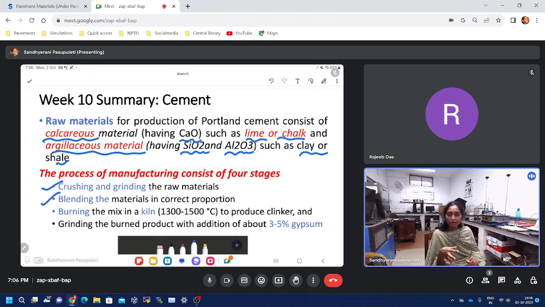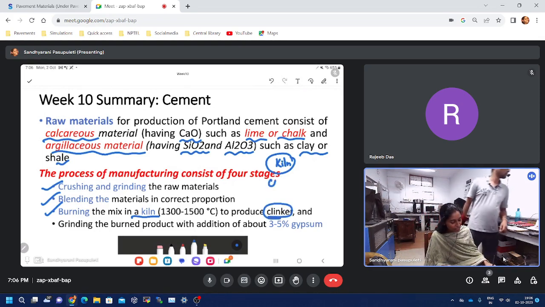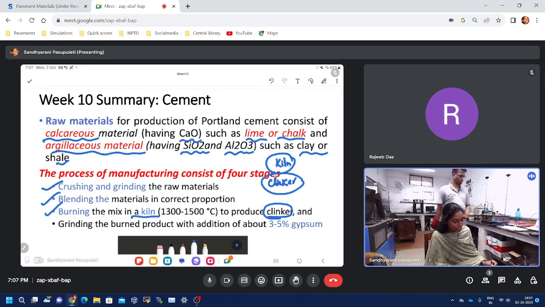Then once after blending them, we need to burn those materials in an environment called a kiln, where the temperature would be around 1300 to 1500 degrees. Whatever material we are keeping in the kiln, the end product would be called clinker. This clinker is the final product which we will be using to produce the cement.